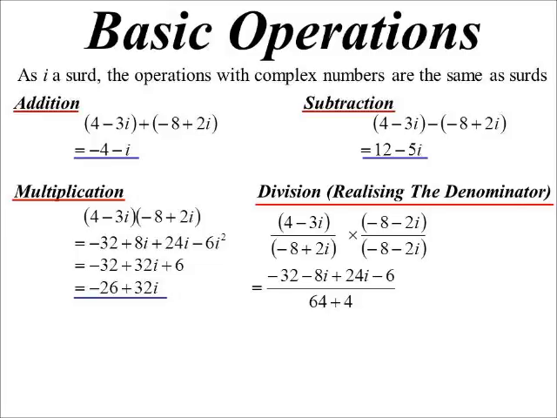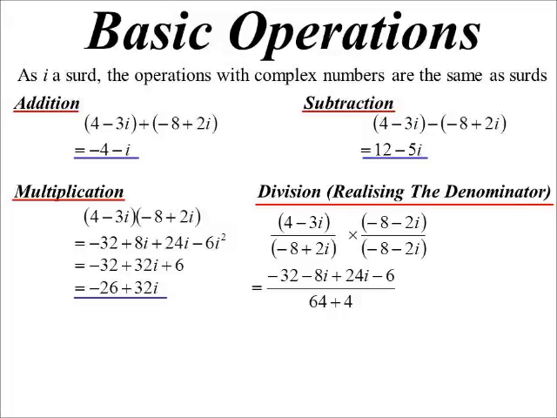Now, at the bottom of the fraction, you've got conjugates. When we're dealing with real numbers and we multiply by conjugates, we get the difference of 2 squares. When we're dealing with complex numbers, we get the sum of 2 squares, because you're going to have the i squared there in that second part.